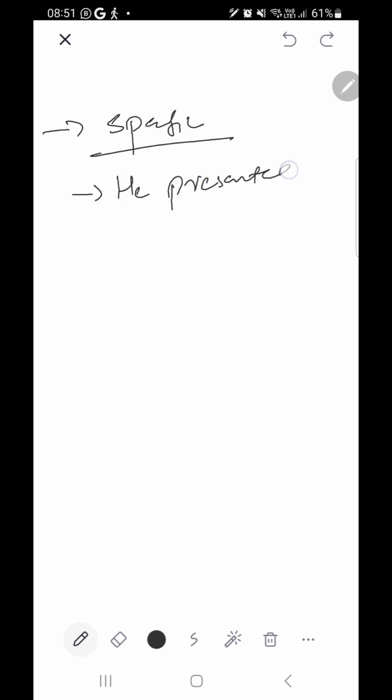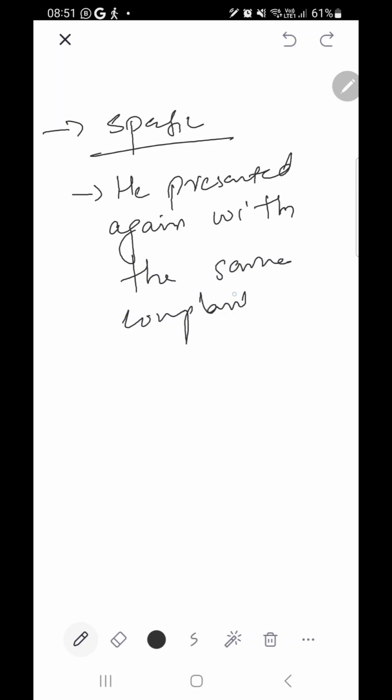We have to use the definite article when we have to refer to something specific, right? For example, he presented again with the same complaint.